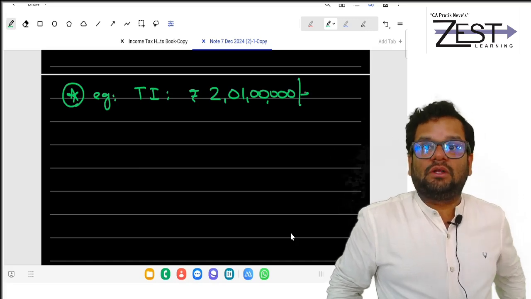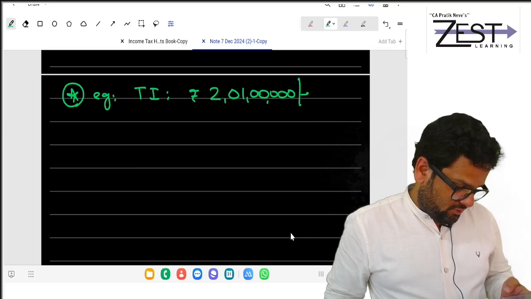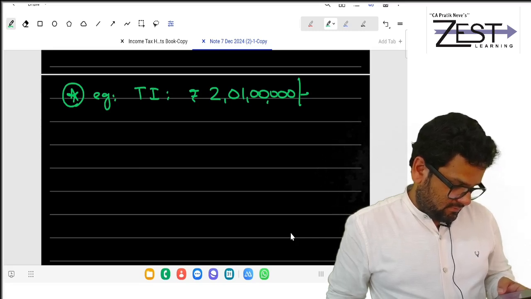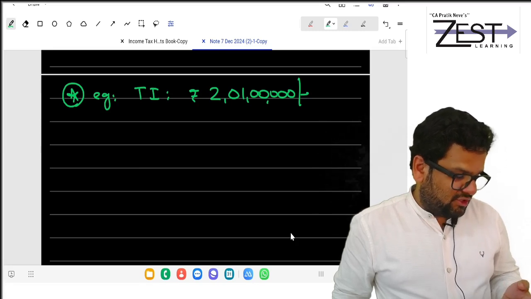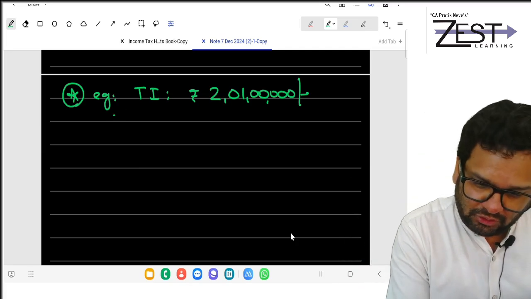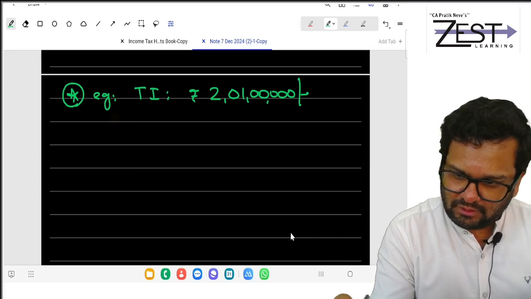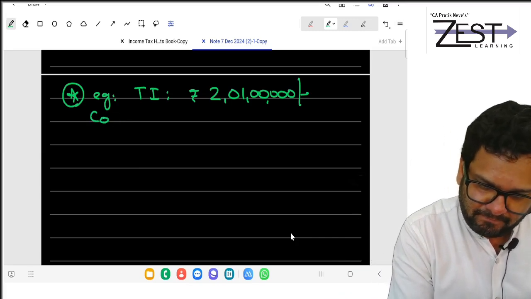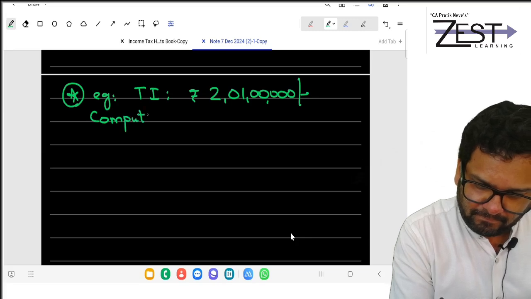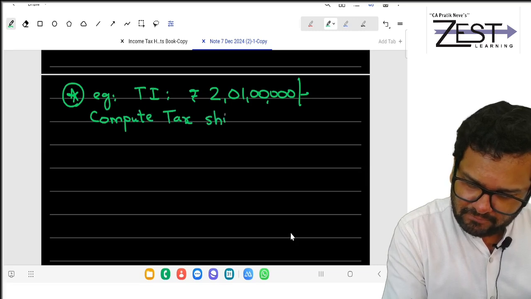Friends, total income is 2 crore 1 lakh. Shift out. Shift out. Compute tax.